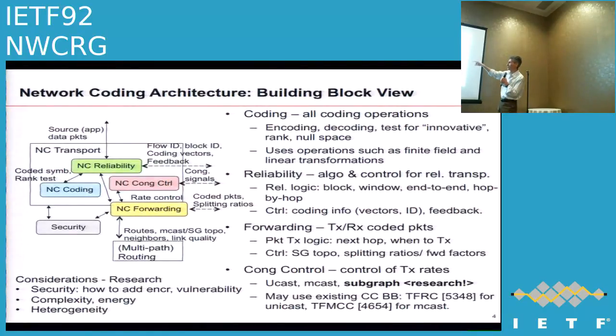Each of the next four or five slides will look at each of the building blocks in particular and talk about the functions that they are supposed to have. Of course, there will be options for what kind of algorithms. And of course, the interfaces between them: the peer interface, which is really the signaling between two or multiple nodes, and then the interfaces or internal signaling between the building blocks.